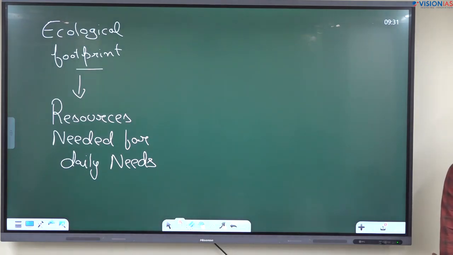So in simple words, what is ecological footprint? How many resources you need for your day-to-day life? How much resources you are consuming for your own requirements? Okay.